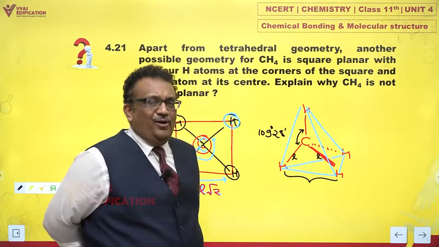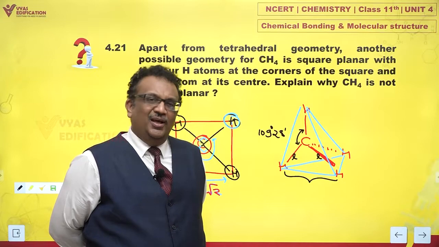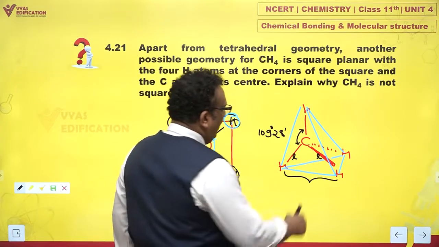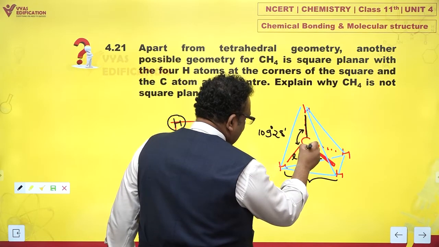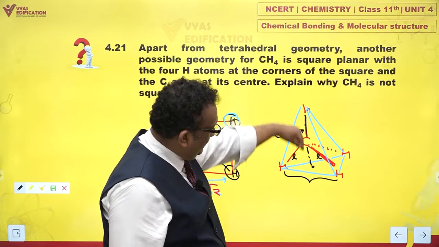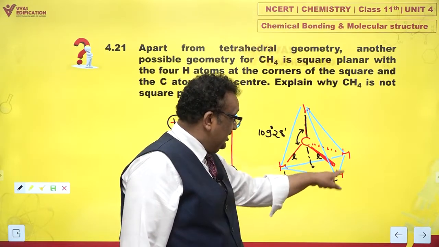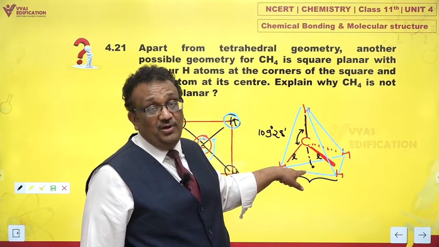This calculation might look a little complex to you initially, but if you're just careful with me, we will make it very easily. How? Just let us first see this, and let me drop a perpendicular here. If I drop a perpendicular, it is going to touch the equilateral triangle at the bottom at the centroid.